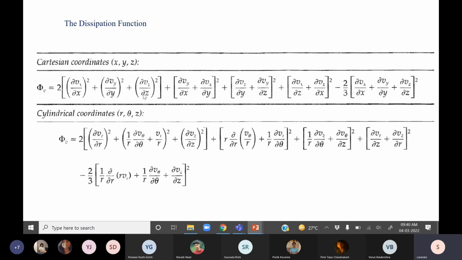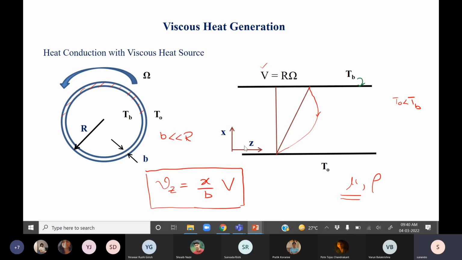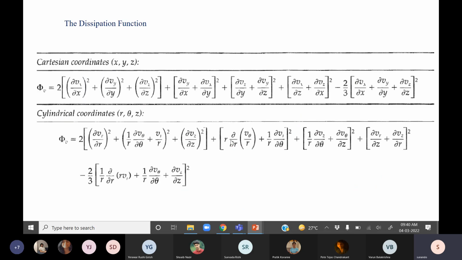So if you consider the first part, which term would be present? Let's go back to the figure over here. So this is the x direction and this is the z direction. So this is del vx, del x, del vy, del y, del vz, del z, and so on. Okay.